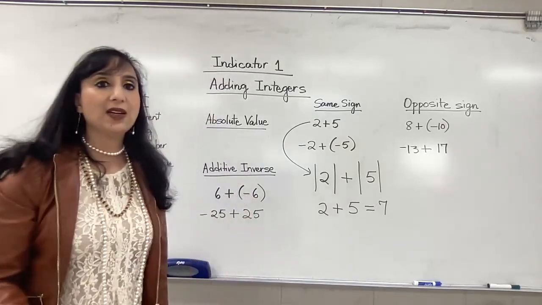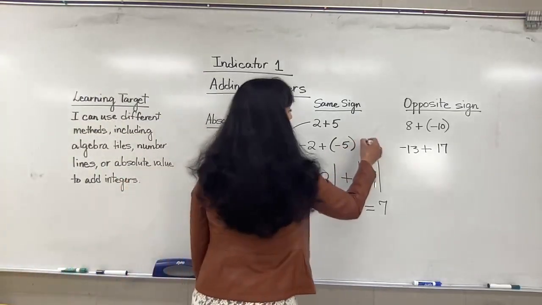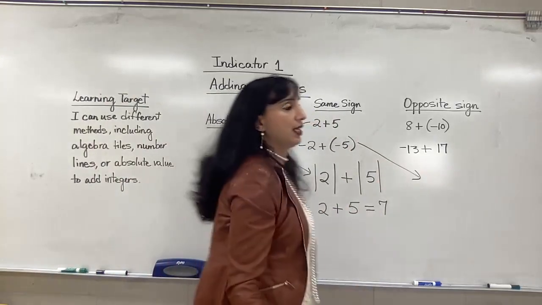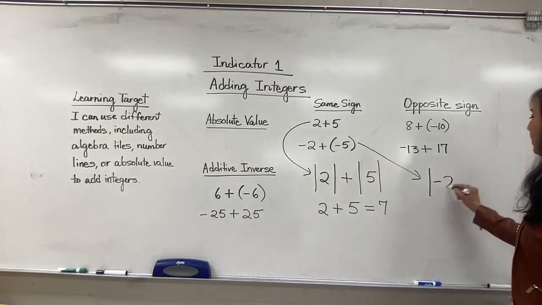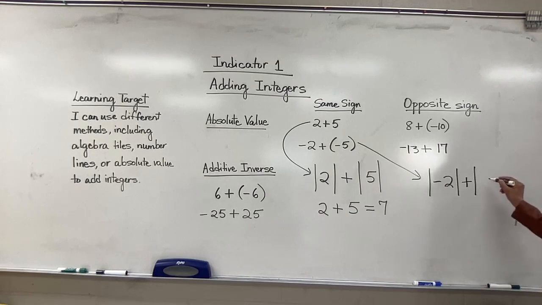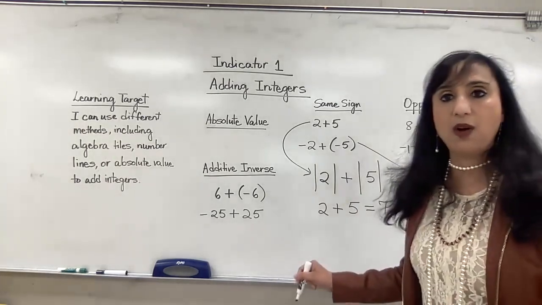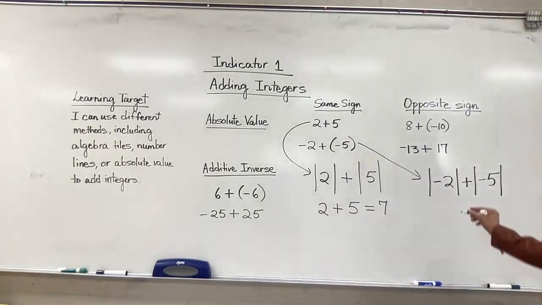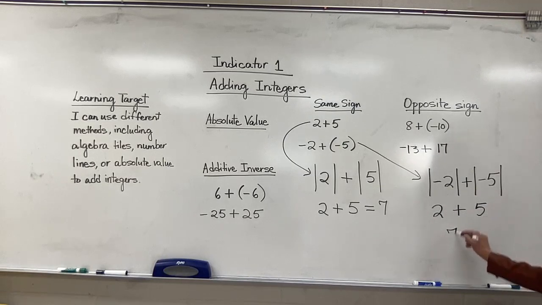Okay, let's look at the negative ones. If I take the absolute value of negative 2 plus the absolute value of negative 5: the distance of negative 2 from 0 on the number line is 2, so this is going to be 2 plus the absolute value of negative 5, which is 5. 2 plus 5 is 7.